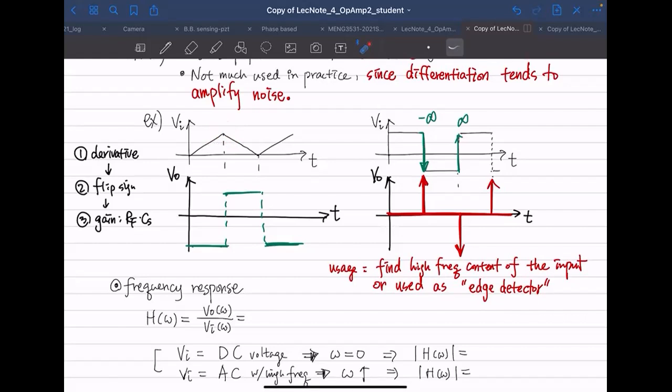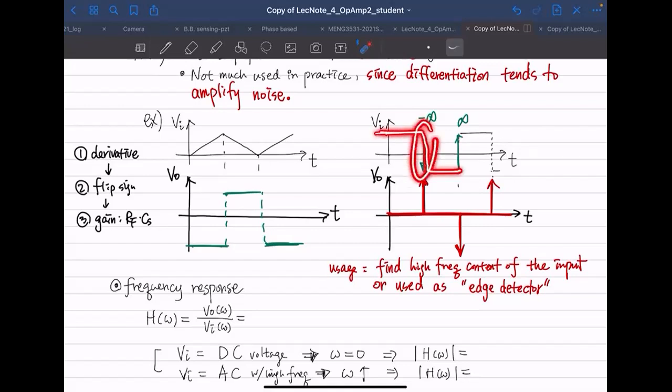So these parts can be detected by using this differentiator, because here it's a sudden change. You can see there's a sudden change in the response level. Or it can be used as an edge detector, same thing. For example, here is something, and then it changes the edge to down here.